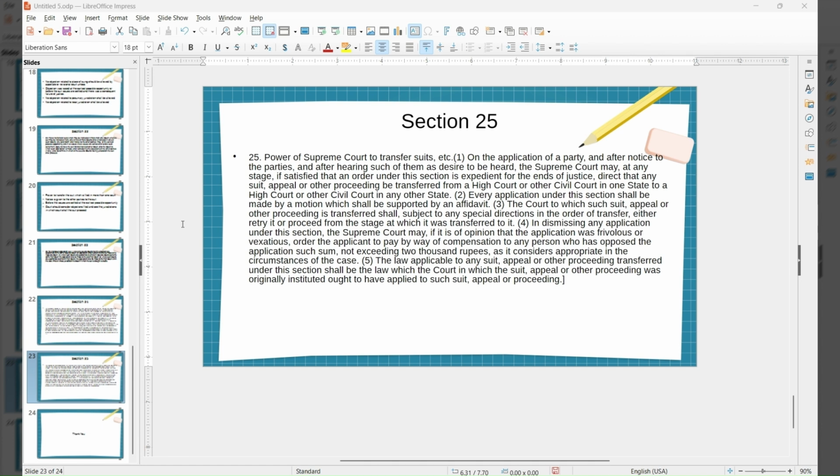Subsection 3 covers how the new court proceeds. Once the Supreme Court transfers the case, the receiving court may retry the case or continue from the stage where it was left. That depends upon the Supreme Court's direction.